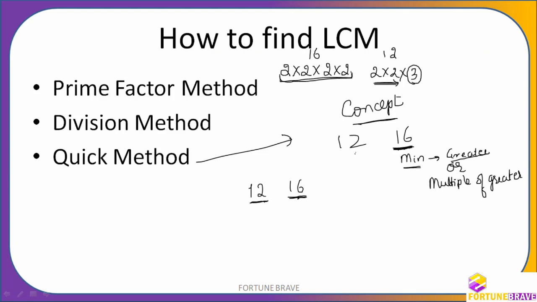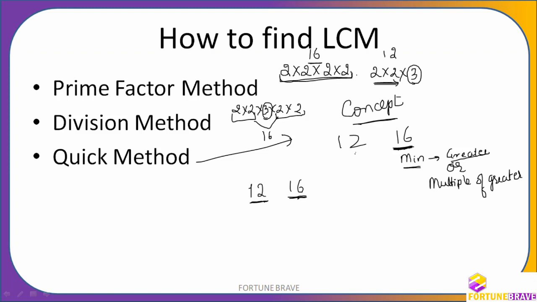The LCM we found with the prime factor method, if you remember, was 2 into 2 into 3 into 2 into 2. So this 2 into 2 and this 2 into 2 has to be there, which is 16. Now what is extra here? What was not there in 16?